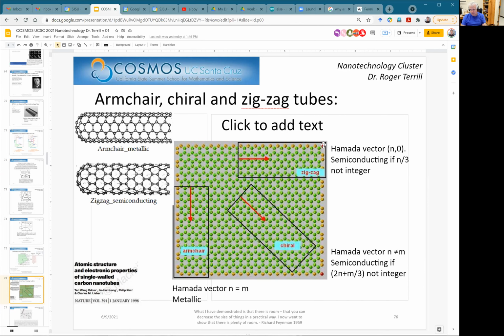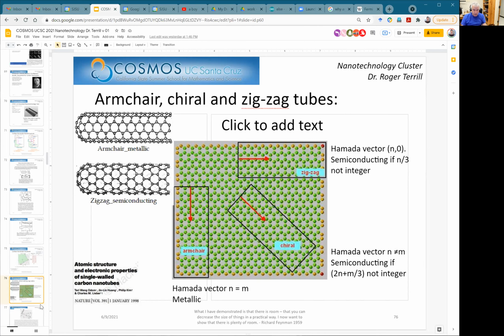So n has to do with the circumference of the tube. And then most armchair tubes are metallic. And then chiral tubes will have their own state diagram. They'll have their own unique density of electronic states.